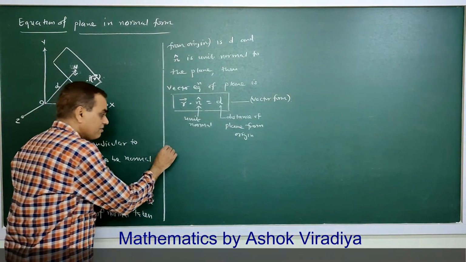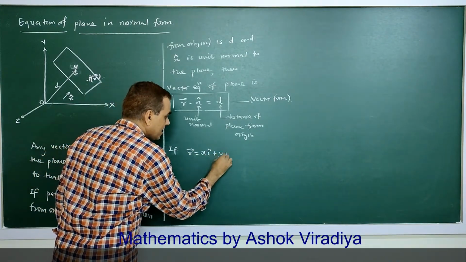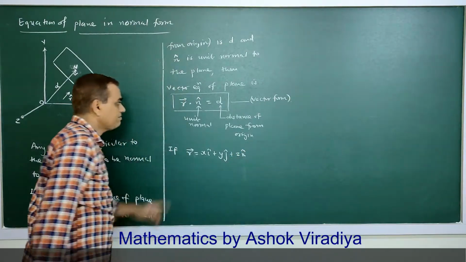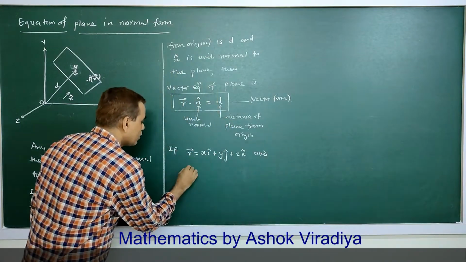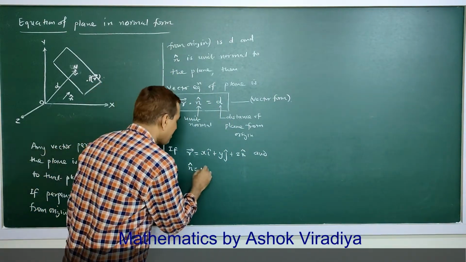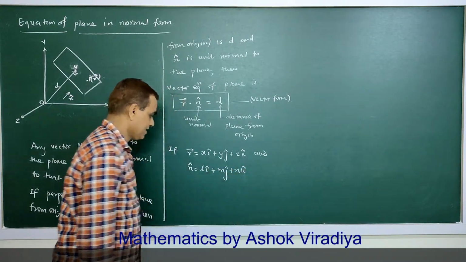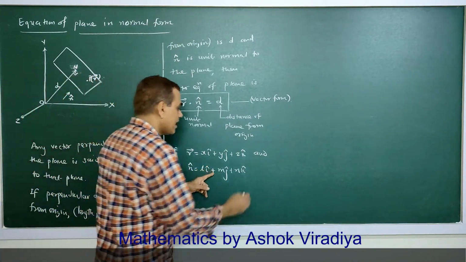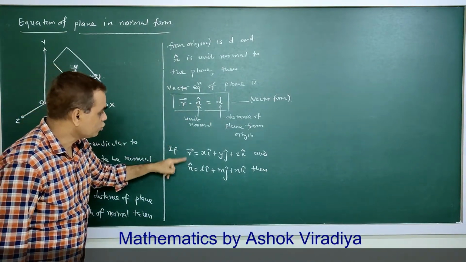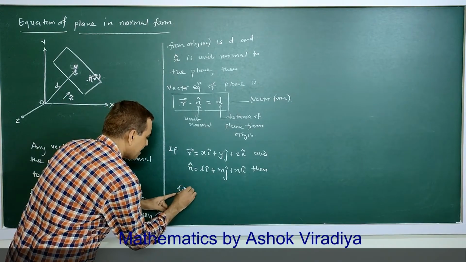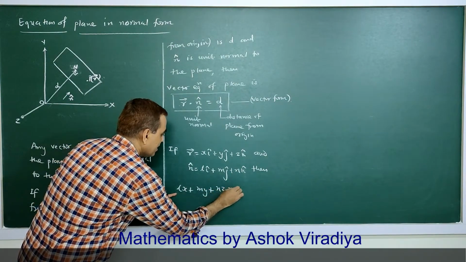Now see, vector r is xi plus yj plus zk. If I keep here xi, yj, zk, and if this unit normal I represent by li plus mj plus nk, then putting values here, the dot product of these two vectors is lx plus my plus nz, it is equal to d.